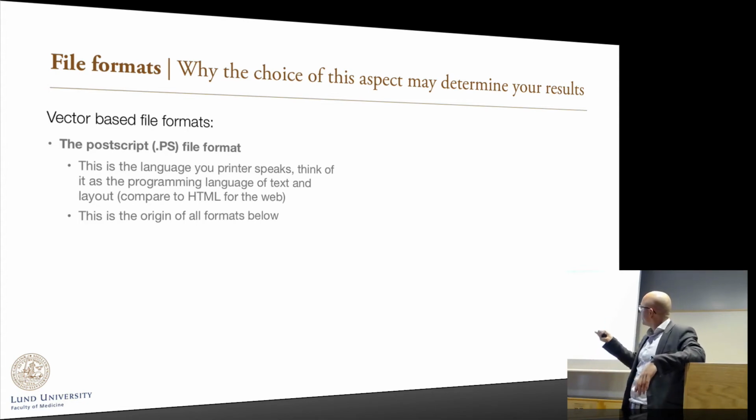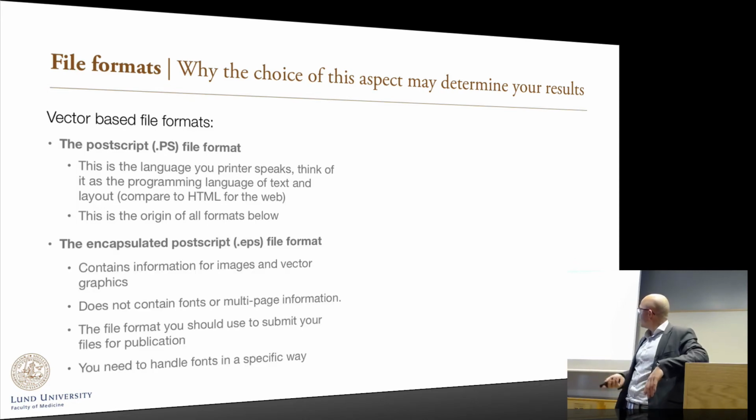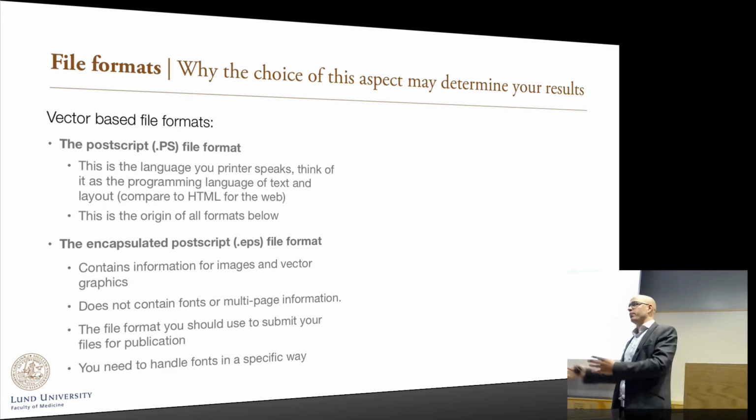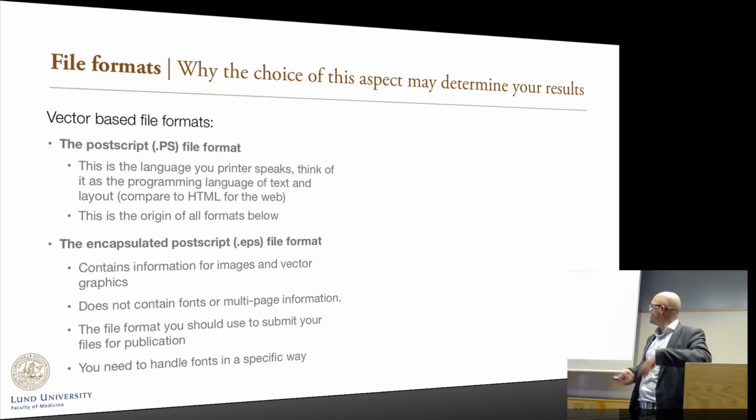So this .ps file, you will see sometimes popping up, but you normally don't have that as a file format that you work with. The main reason I brought it up here is that it is the origin of all the other file formats that I'll describe next. So the one that you will see, and actually is one of the workhorses when it comes to exporting pictures for publication, is the Encapsulated PostScript.